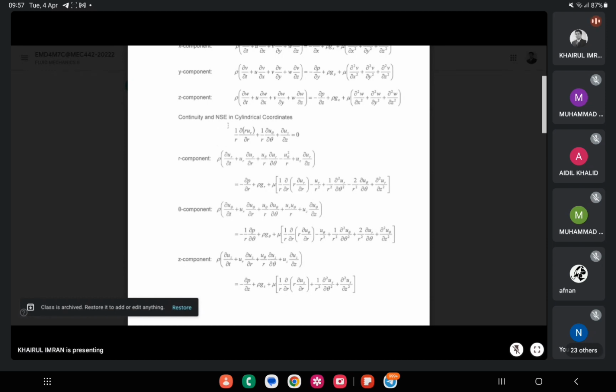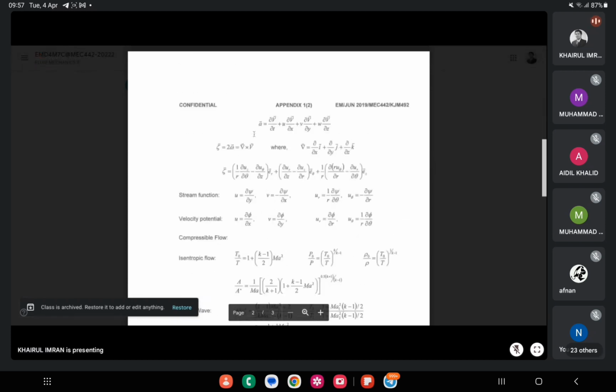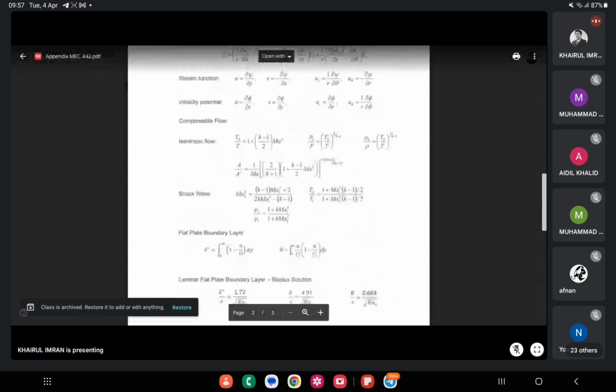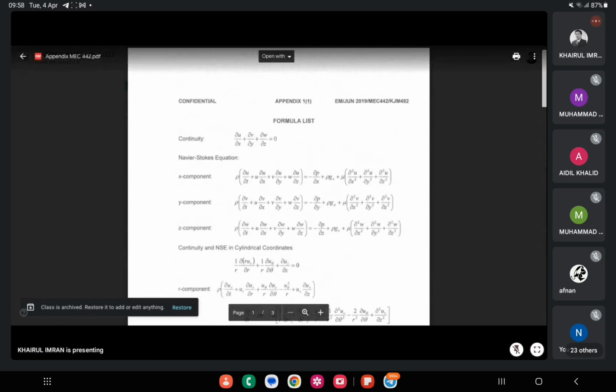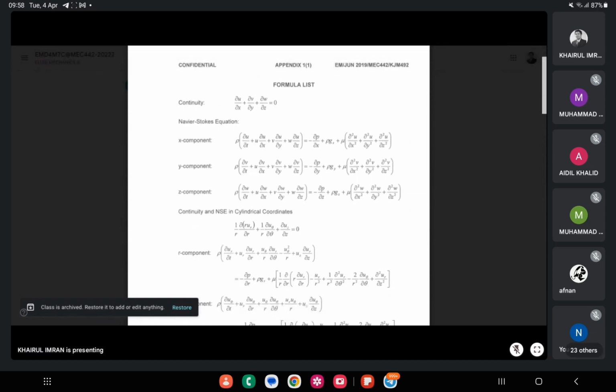Okay, and then the next part is actually yang tadi for the question for cylindrical coordinates, you need to solve continuity equation before you solve for z component. You solve lah. Okay, so later I'm gonna give you this appendix to the WhatsApp group, and then from that you can refer which equation is given in there. Okay.